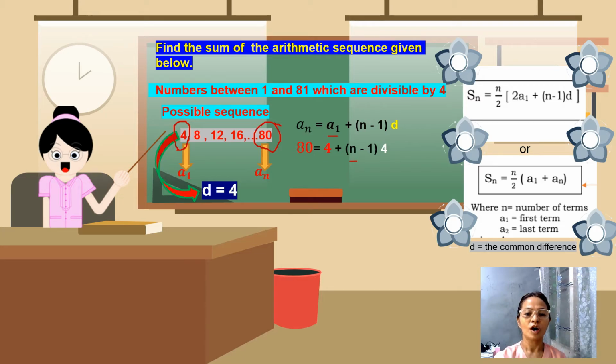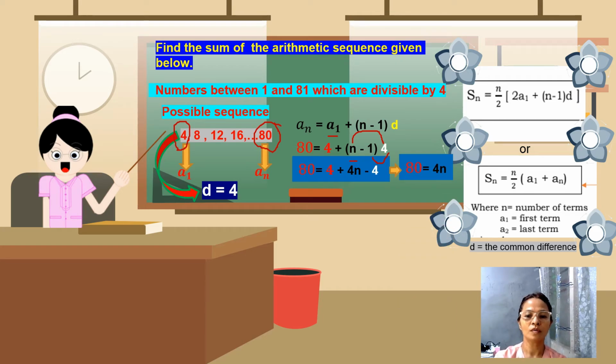We do not know how many terms there are between 1 and 81 which are divisible by 4, and the common difference is 4. So simplify, we have 80 equals 4 plus 4n minus 4.